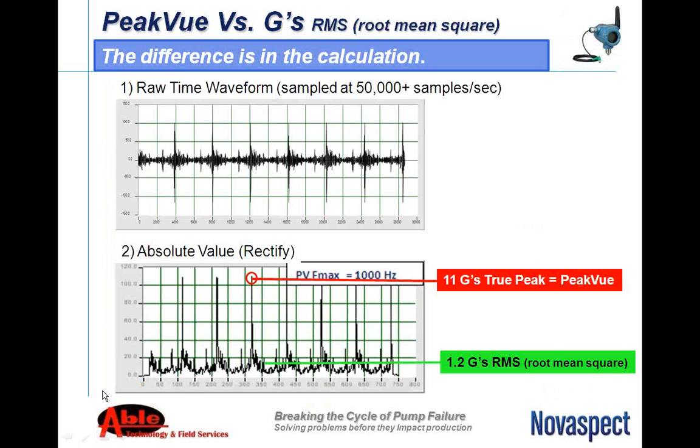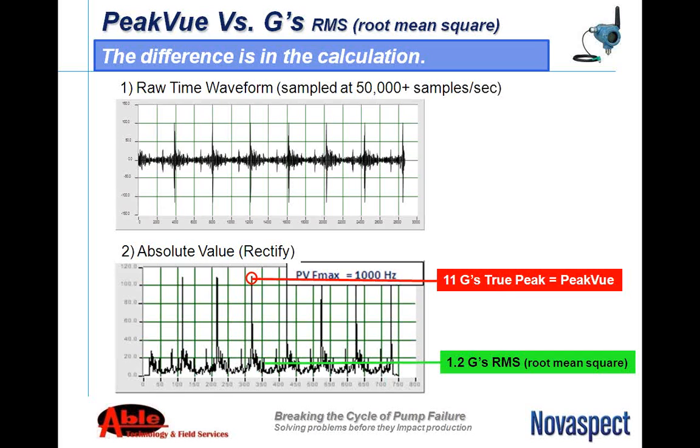What occurs in a defect on a bearing is a sharp spike, similar to your car's tire hitting a pothole in the road. And what we're doing is monitoring at a very high rate to capture the true peak of this waveform. That's what PeakVue is doing.